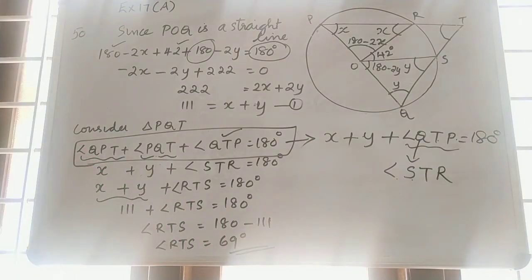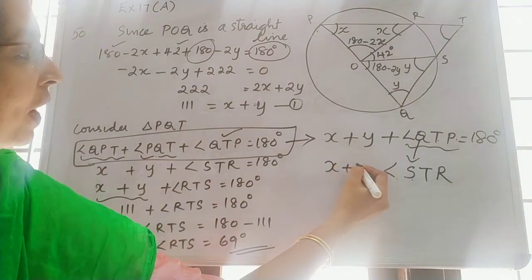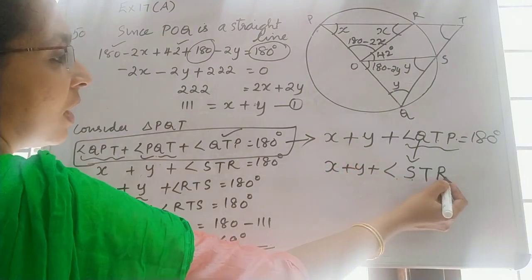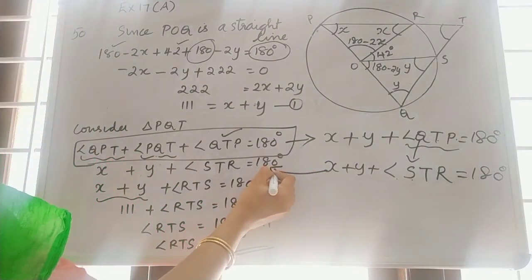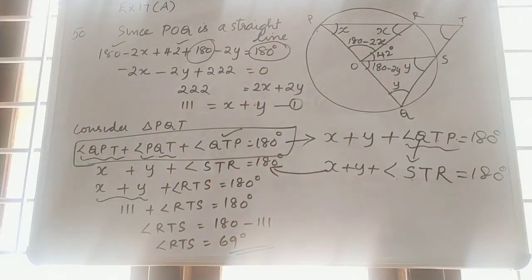So we can replace QTP with STR. So next step it will be x plus y plus angle STR will be 180 degree. That's how we are getting that step.